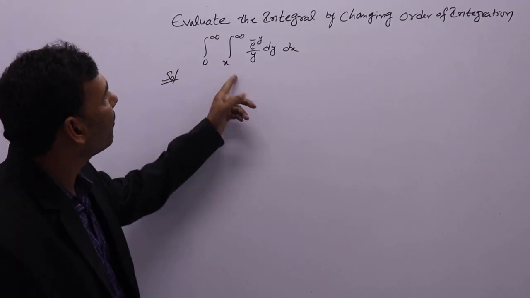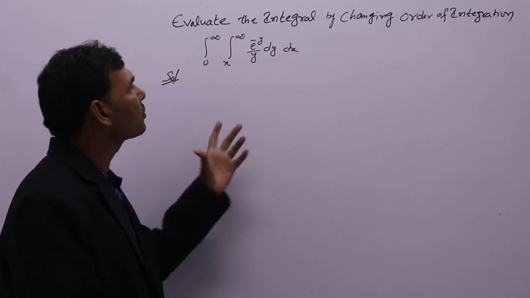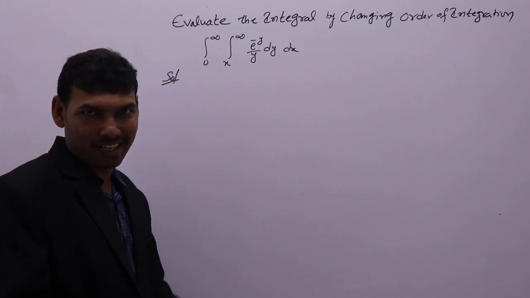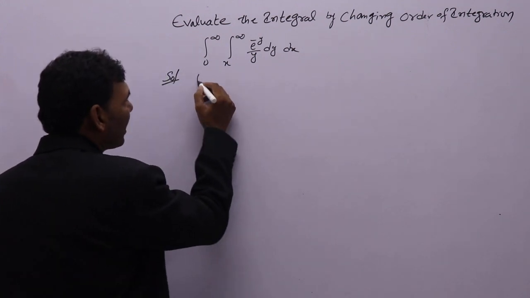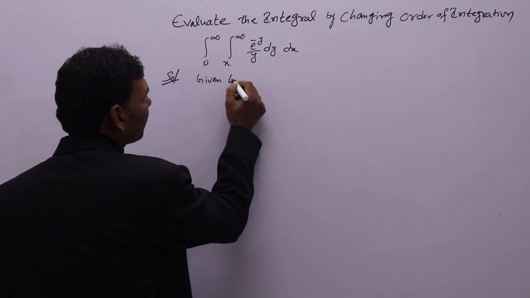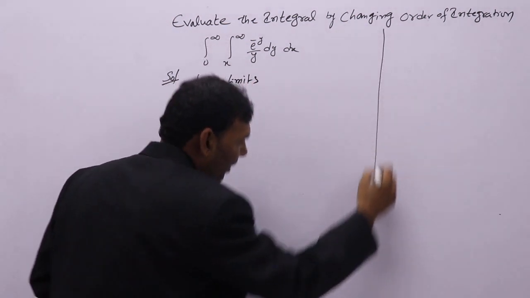So now we need to evaluate this integral by changing the order of integration. What is the existing order? To find the existing order, first write the given limits so that you can understand. The given limits are very clear.